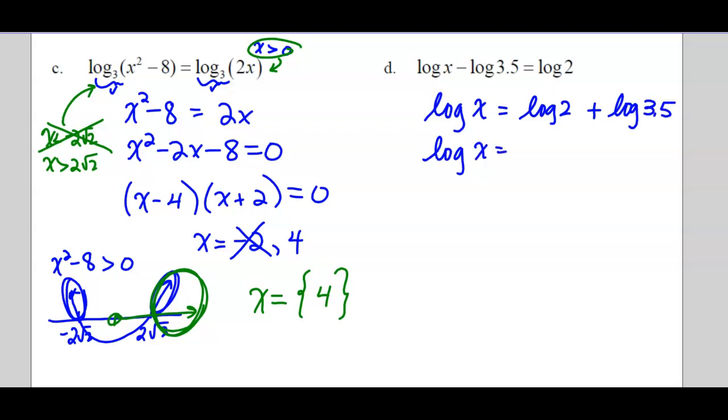And then you're adding logs with the same base, so you multiply the arguments. The same log base on both sides, and the arguments have to be equal. And that satisfies the domain: x has to be greater than 0, which this is.